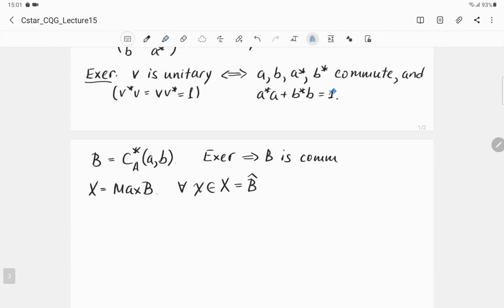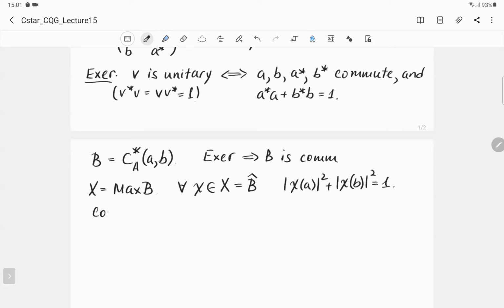When we apply chi to this formula, we get the following: chi of a squared plus chi of b squared is 1. So in other words, the pair chi of a and chi of b sits on the sphere in C2. So we get a map.